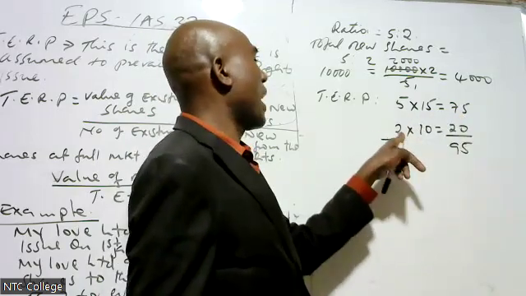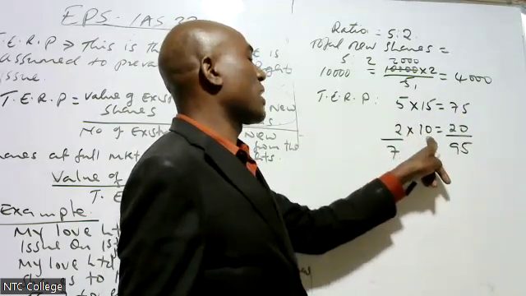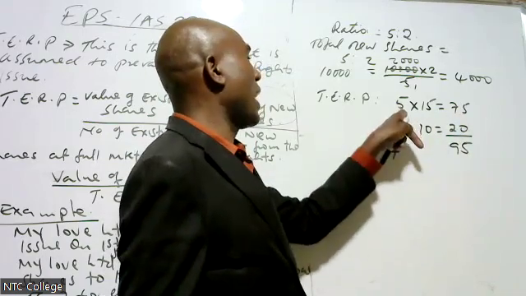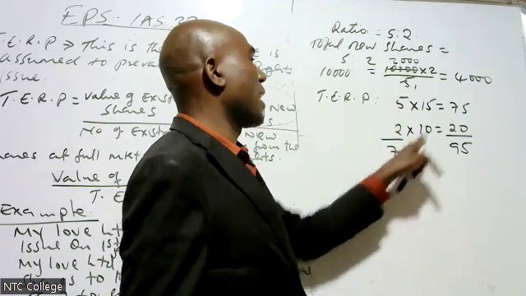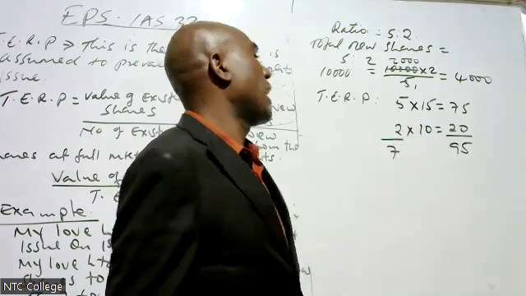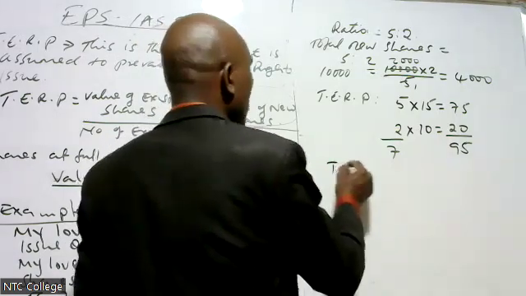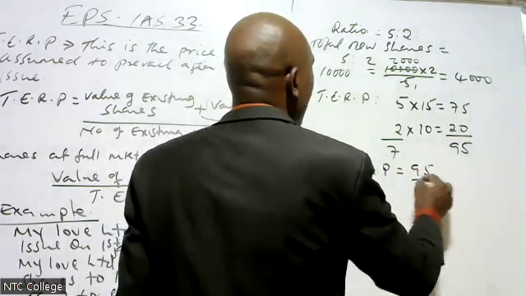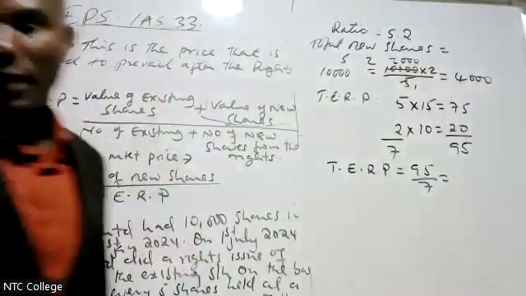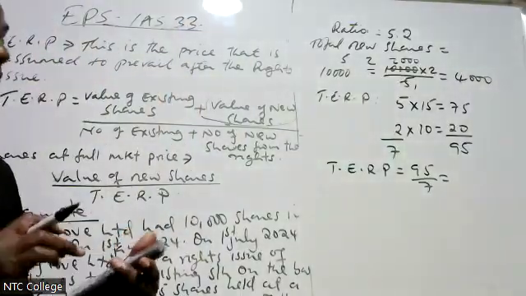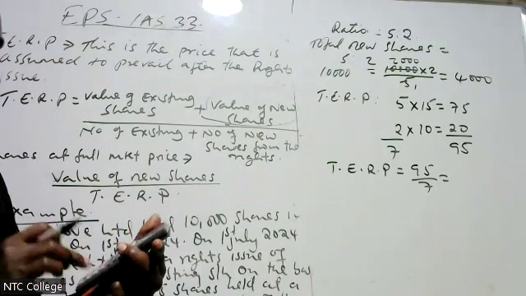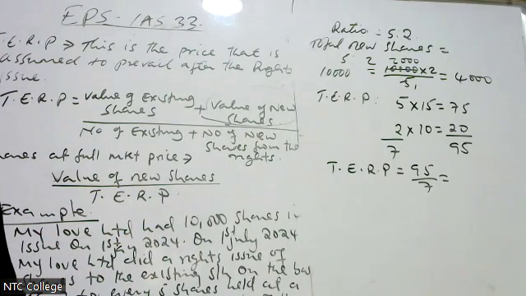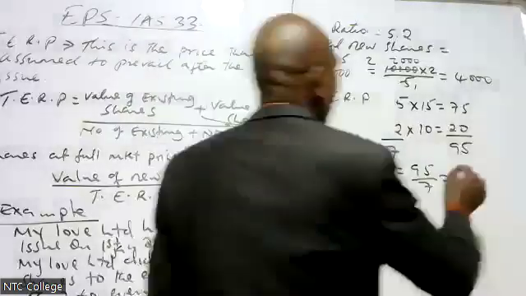Then on the rights, I got 2 shares at shillings 10, the value is 20. Therefore, my theoretical ex-rights price equals 95 divided by 7, which is 13.57, approximately 13.6.